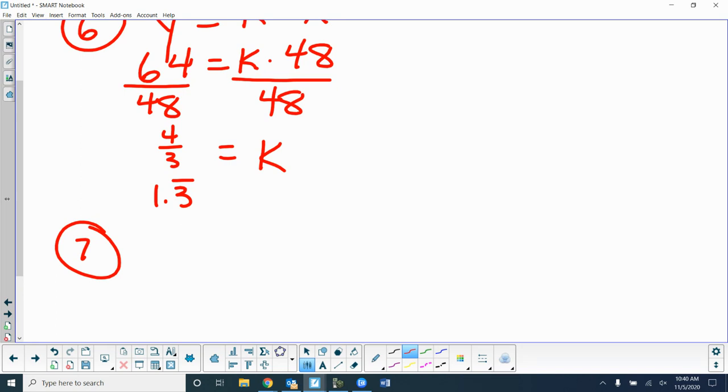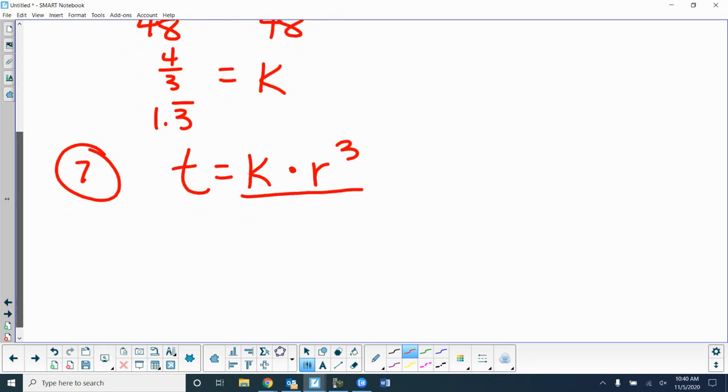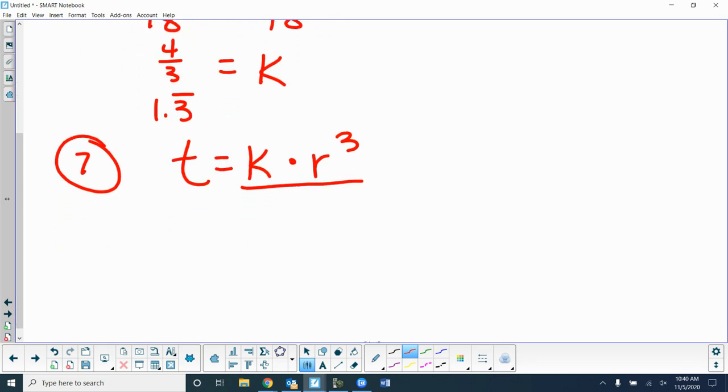All right, number 7 had a combination. We have direct and inverse, right? T varies directly, so T equals K times the cube of R, that means R to the 3rd power, and inversely divided by the square root, so a radical sign of S, yeah, inversely.